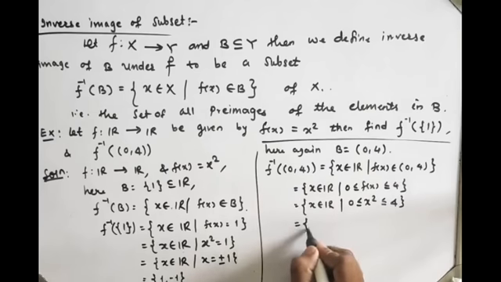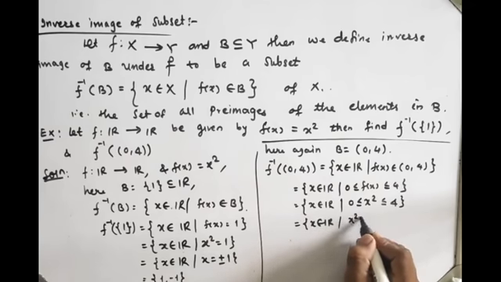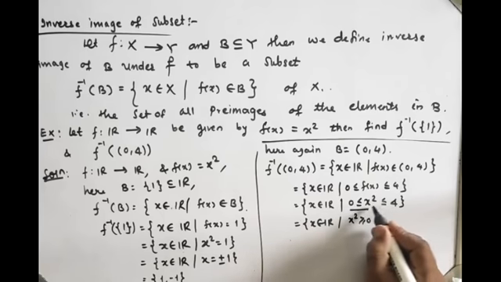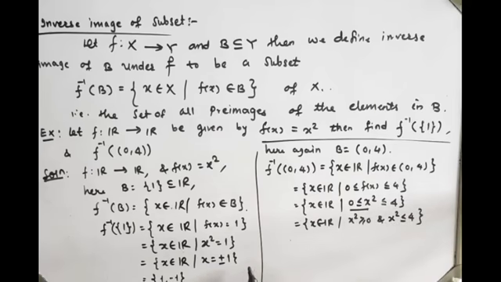So I will write x belongs to R such that x square greater than equal to 0, and x square less than equal to 4, right? So here x square greater than equal to 0, and here x square less than equal to 4.